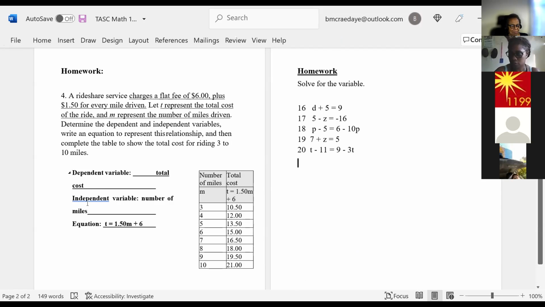The number of miles multiplied by 1.50, because that's the cost per mile, plus the fixed cost, the flat fee, gives you the total cost. So you put that in a table and you only need to calculate it once. Whenever you add a mile, you add 1.50 and you can fill out your table. Any questions on number 4?